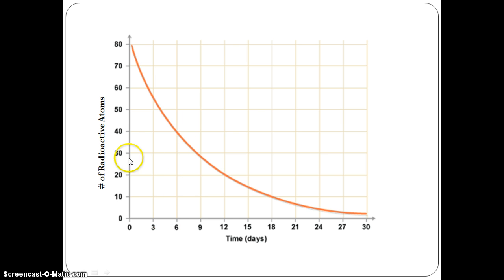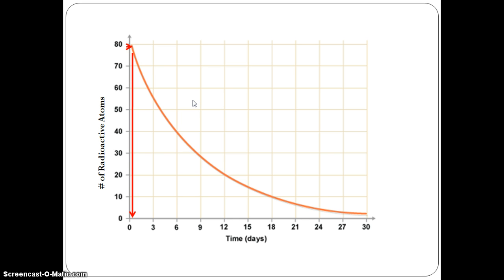Now, as you can see, the number of radioactive atoms is on the side here, and the time in days is over here. So we start off with 80 radioactive atoms, and this is obviously at 0 days.